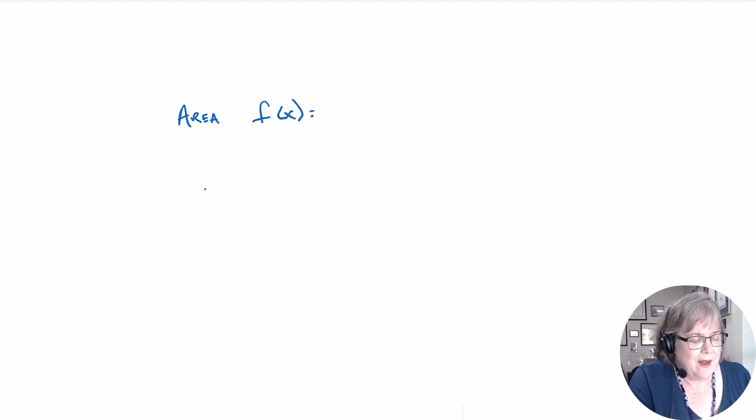Okay, so let's start off with the right way. If they say find the area between the function f of x, and I put this in factored form because there's a couple of things I need to point out.